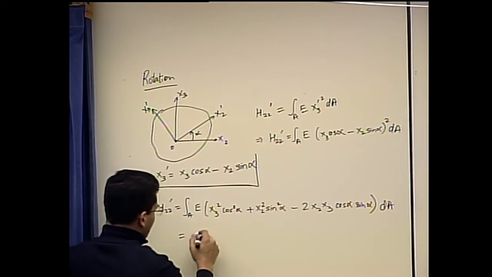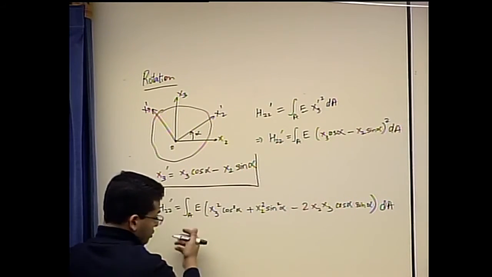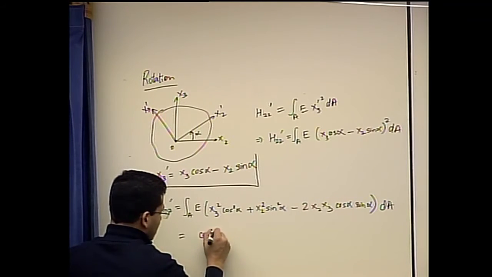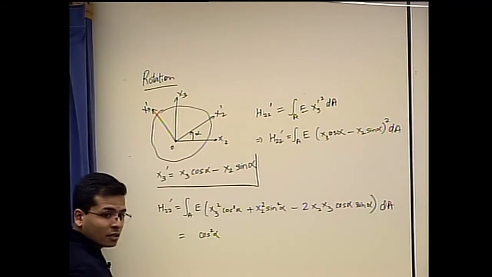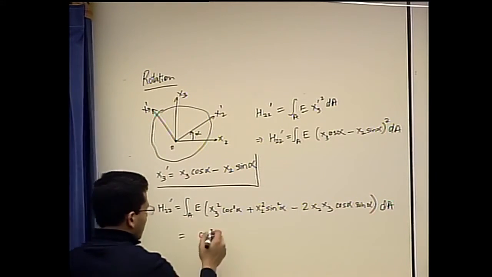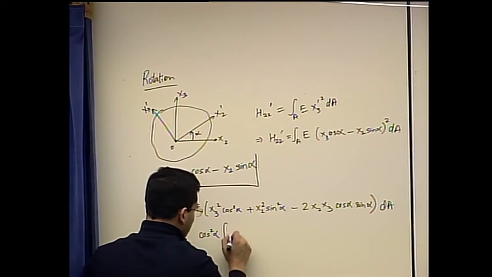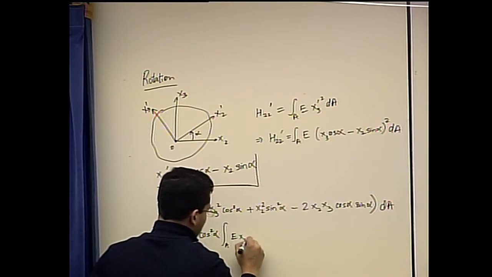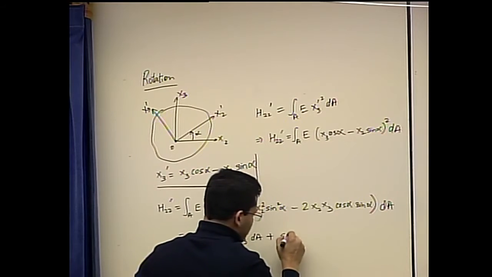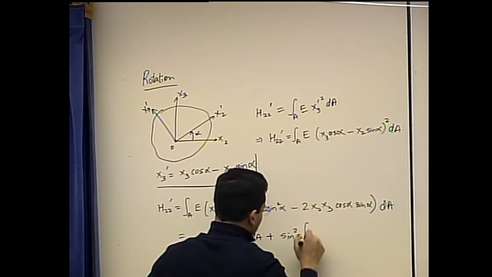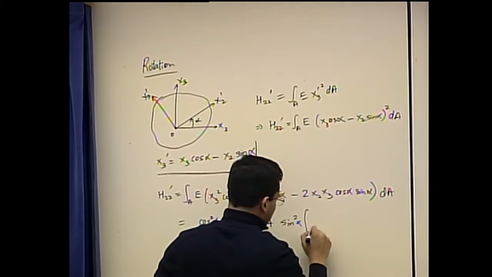So now, just simplifying this expression, cosine square alpha is a constant because alpha is a constant. So I'm taking this out of the integration. Similarly, I'm taking sine square alpha out of the integration.